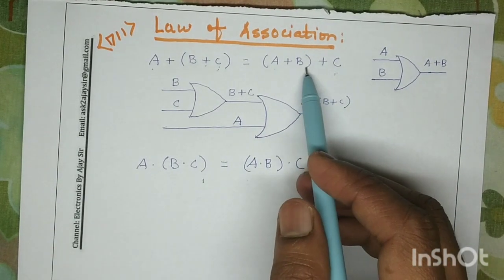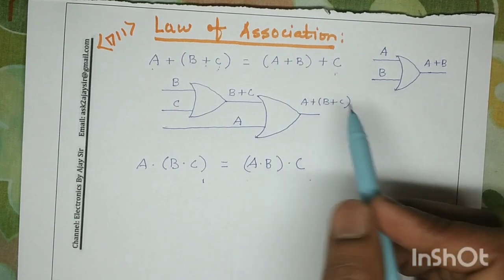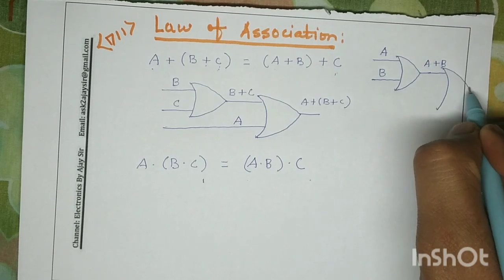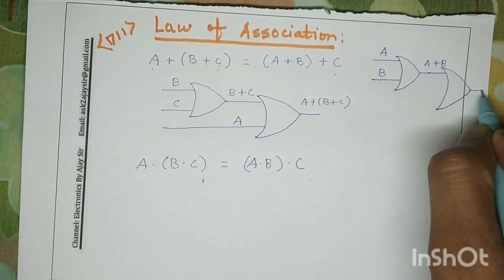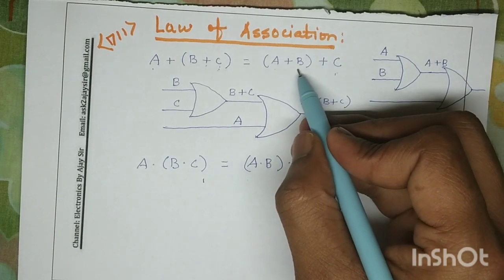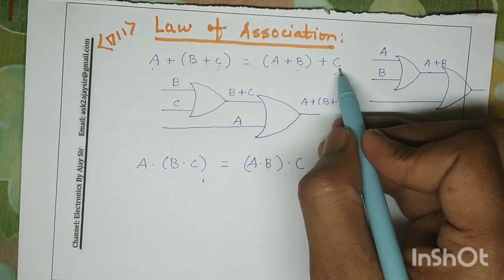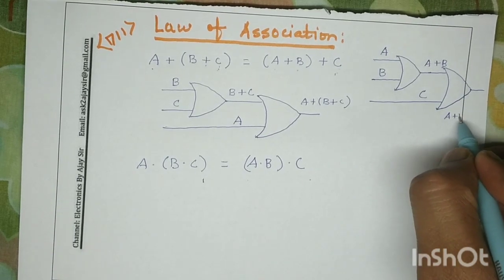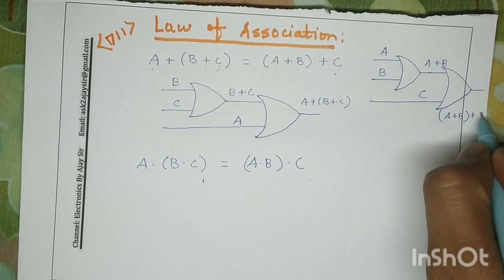This a plus b is added with c, so again for this plus sign I need an OR gate. One input to the OR gate is a plus b, another input is c, and it gives you the signal a plus b plus c.